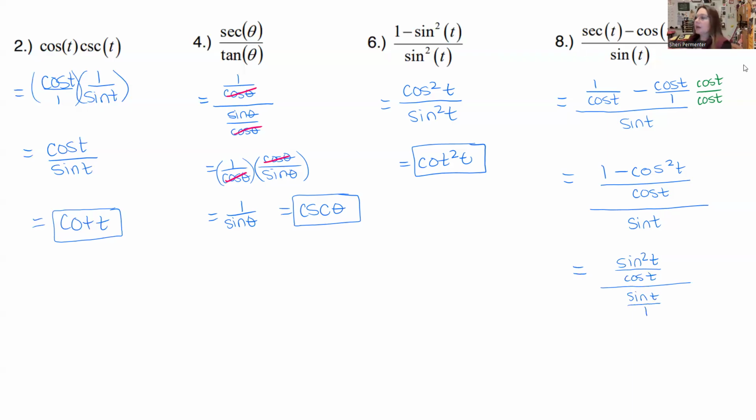So like I said, anytime your numerators match up or your denominators match up, you can cancel stuff out. So do you see how I have a square and then I just have a single? So one of these can cancel. I can cancel out one of these. So now I'm just left with sine over cosine.